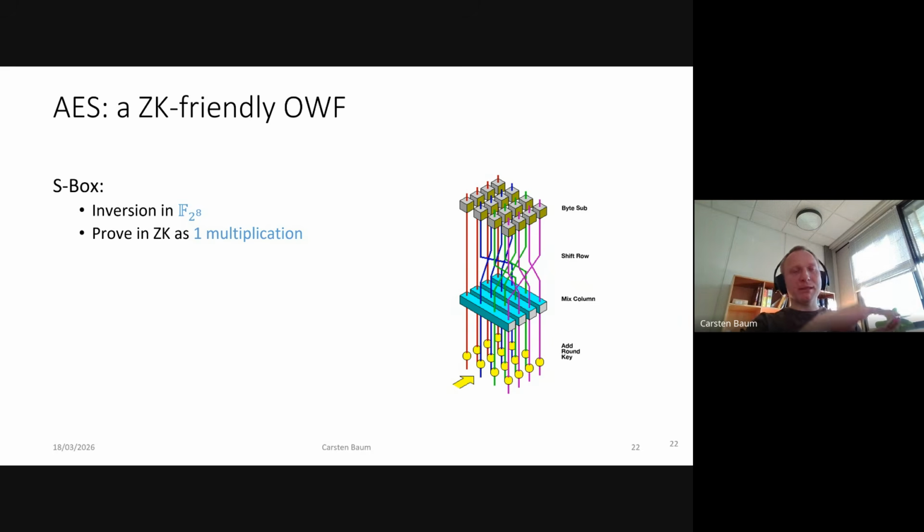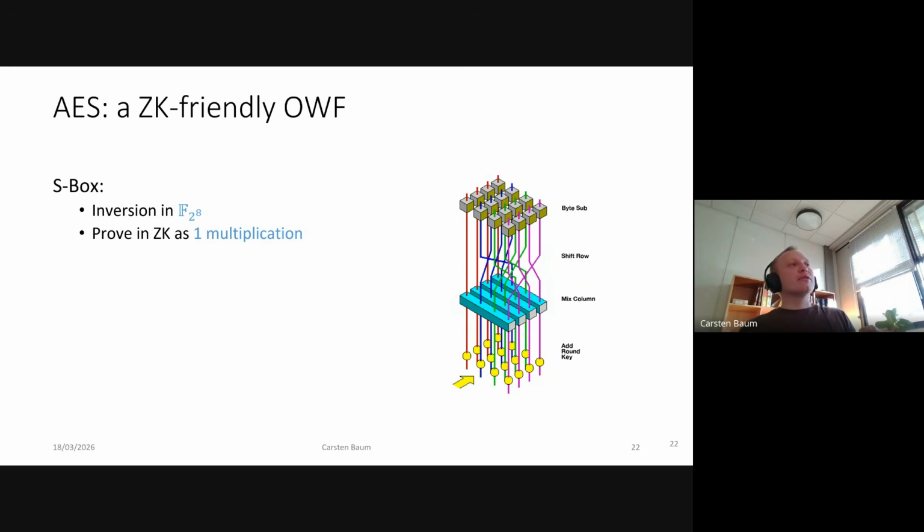It takes 8 bits and maps it to 8 bits. It looks at these 8 bits as being an element in a field, like some version of F2 to the 8. And then it inverts this element in the field, and that's the output of the S-box. It maps 0 to 0, just so we're complete, but this is how the S-box actually works.